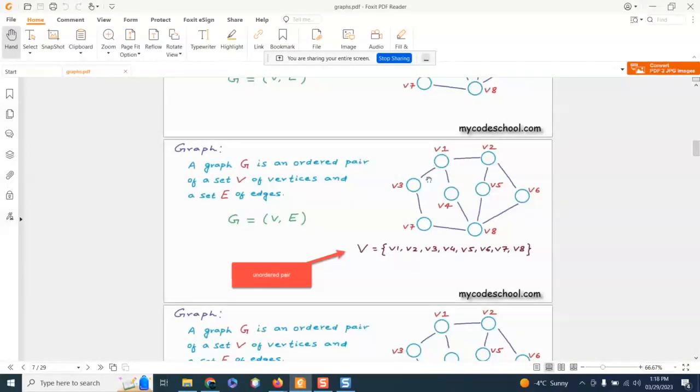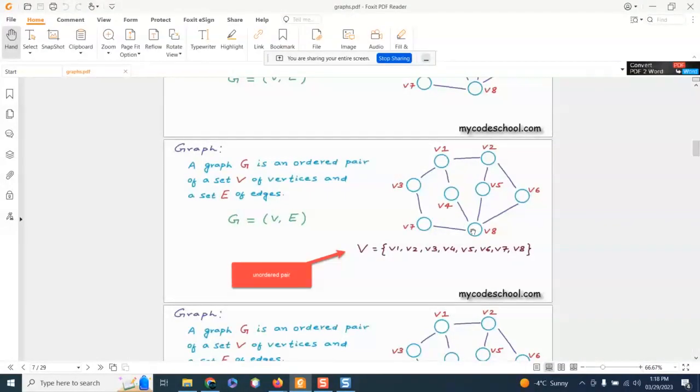Yes, we can say V1 with E1, V1 with E2, V1 with E3, or V1 with E3, V1 with E2. That order can be changed, but we cannot say V1 with E5, because this node is not actually touching that line.